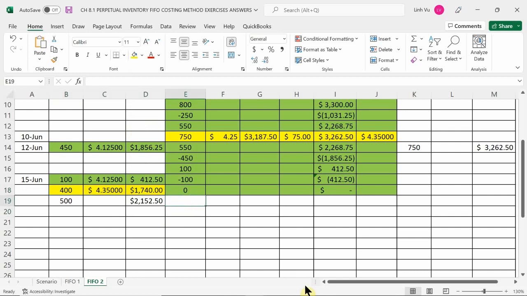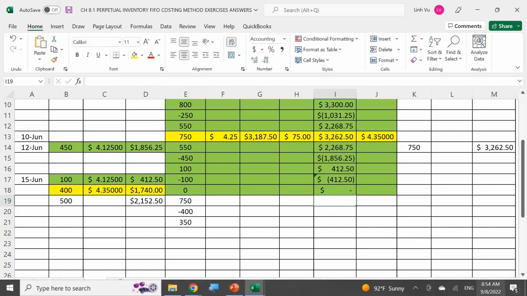Okay. So once again, I'm going to take my 750. I'm going to subtract 400, so I should be left with 350. I started with 3262.50 and I sold 1,740.